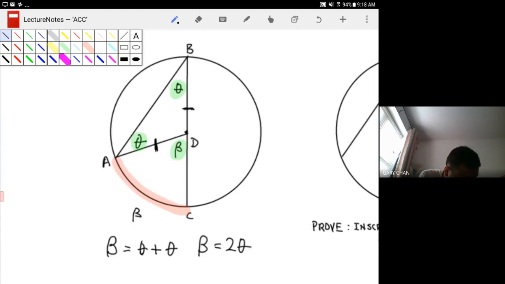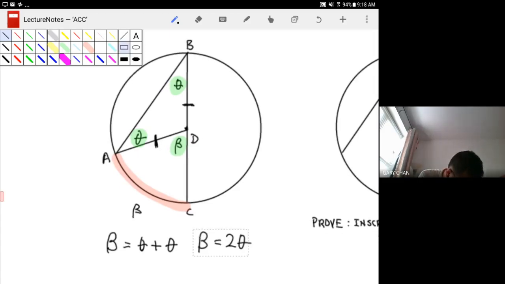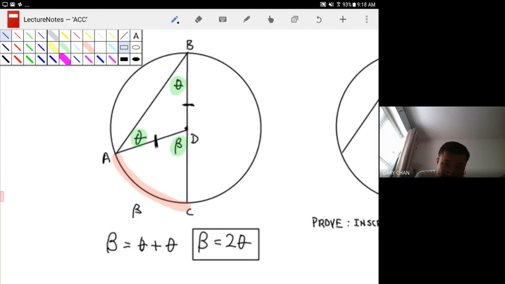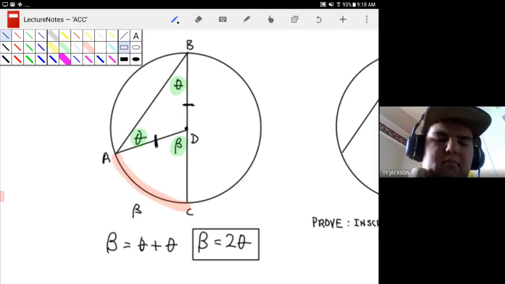By me writing down this last statement here, I've pretty much accomplished the first proof. Do you guys see how or why? Can you go back to the original statement, the given? Sure.